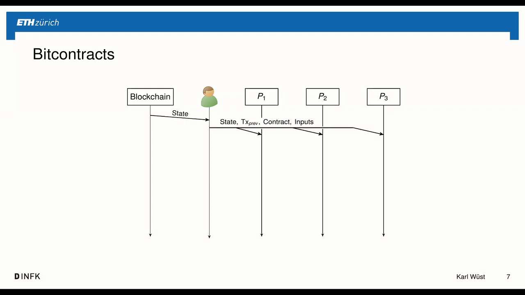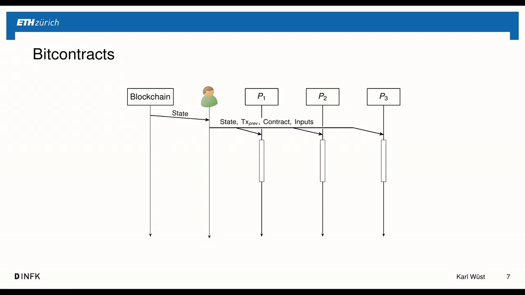He then sends this previous transaction, the contract state, the contract code, and his inputs to the contract to the service providers, P1, P2, and P3. And these service providers can check that the previous transaction correctly references the contract code and state, and then execute the contract based on this.